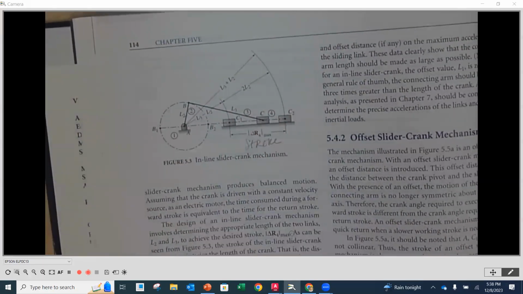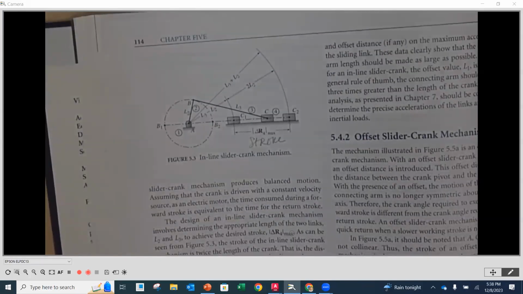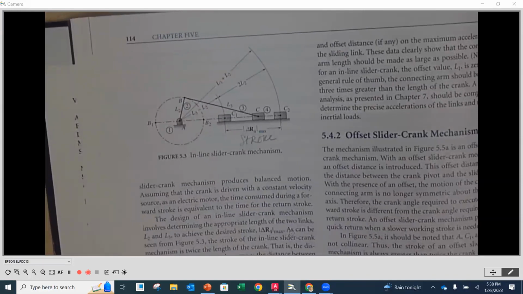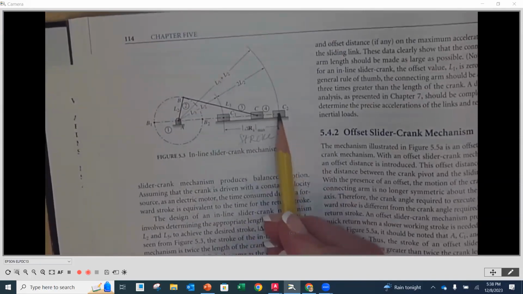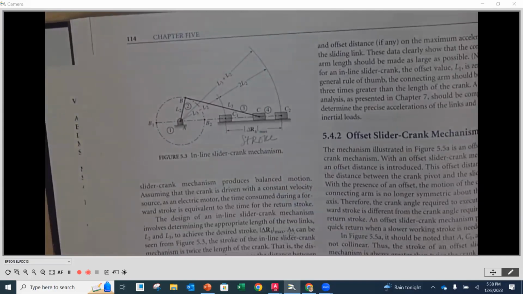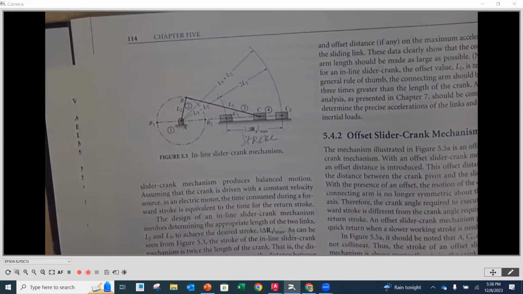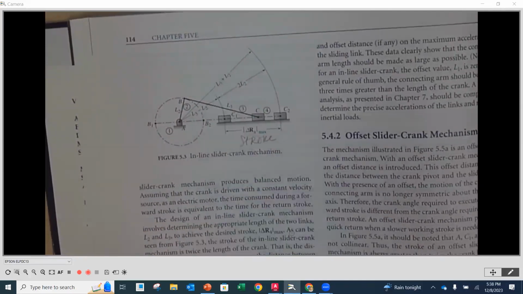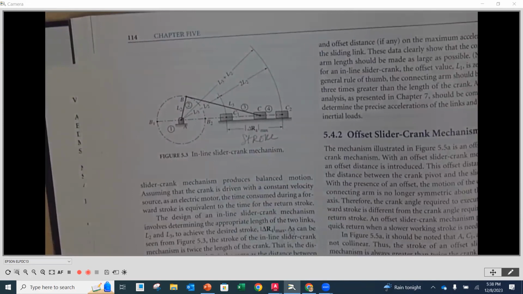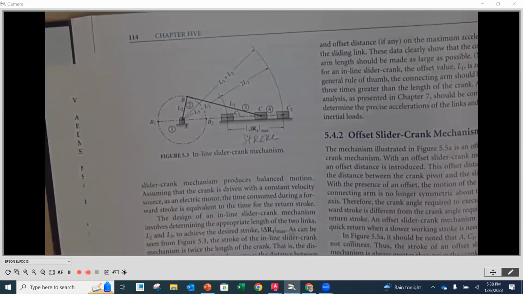It's drawn in two positions, one for the extreme outward position and one for the extreme inward position, and an in-between location. The difference between those two, that total displacement, would be called the stroke. These should look familiar to us: those are the lengths of each of those links. So that's the stroke of an inline slider crank.